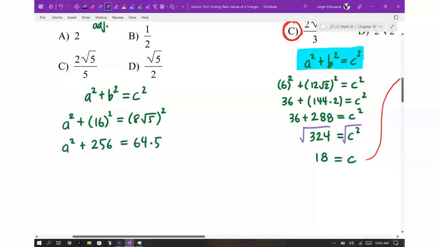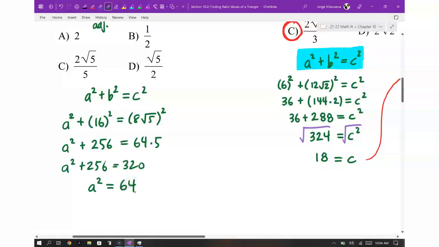Okay, so 64 times 5. Let me figure out what that is. 64 times 5 is 320. So A squared plus 256 equals 320. And in order to solve for A squared, I'm going to subtract 256 on both sides. So A squared is equal to 320 minus 256. That's 64.